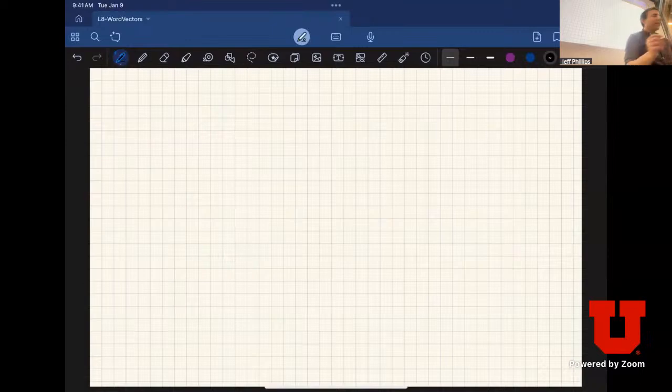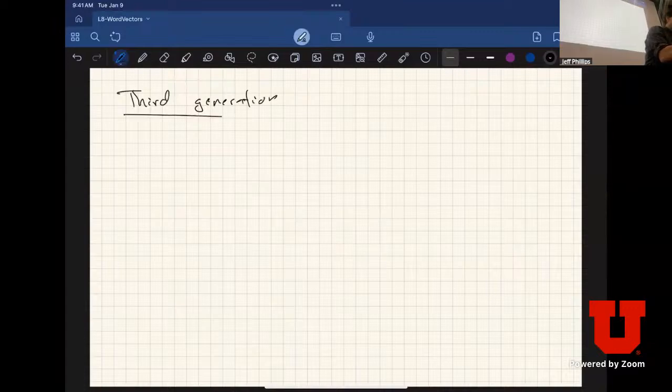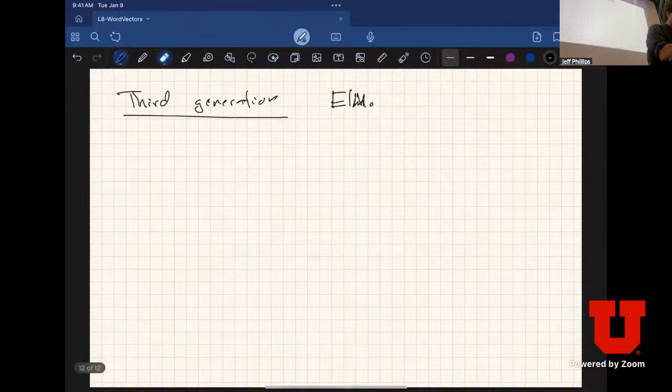Okay, let's talk about the third generation. The third generation now is, I would say, probably a little bit more specific to text. Okay, by this, I mean things like, there were two things that came out.